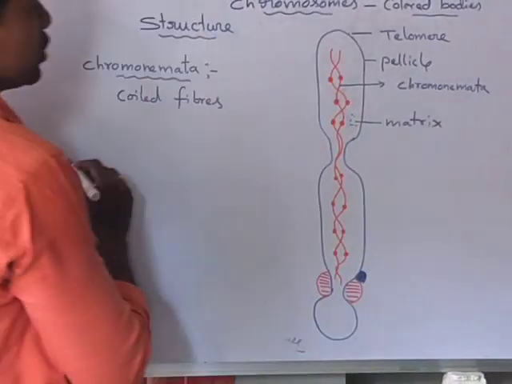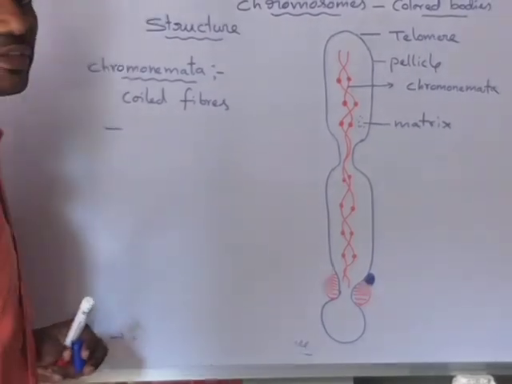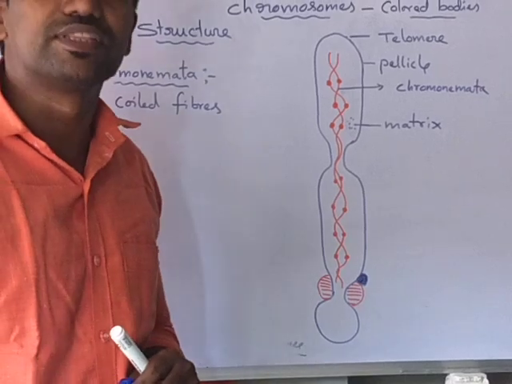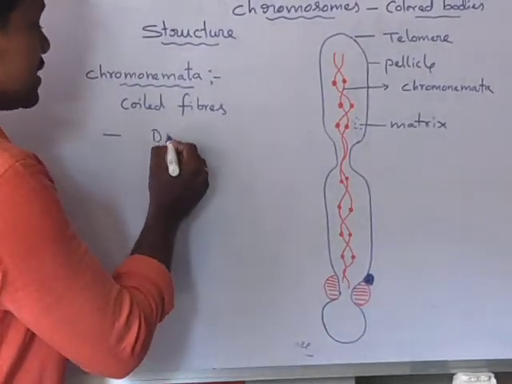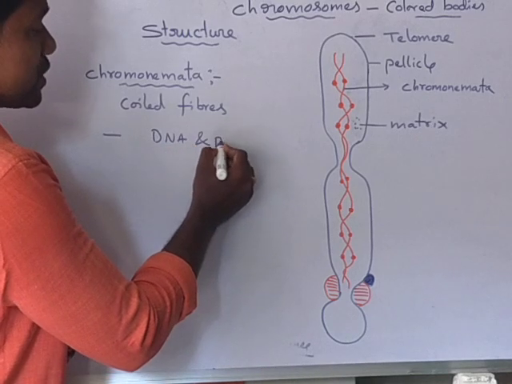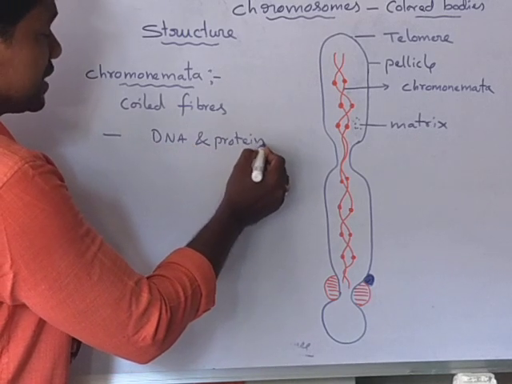These chromonema are generally associated with inheritance or heredity. They contain DNA and proteins.